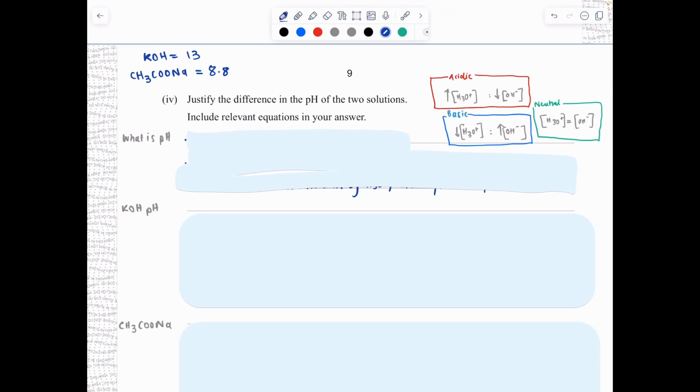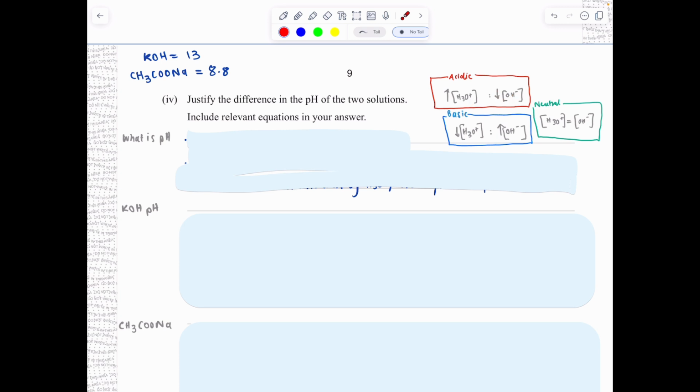But before we get there, let me just have a moment to recap, teach you a thing or two, and remind you about acidic, basic, and neutral solutions and the ion concentrations within them. In an acidic solution, you're going to have a high concentration of H3O plus ions and a low concentration of OH minus ions.